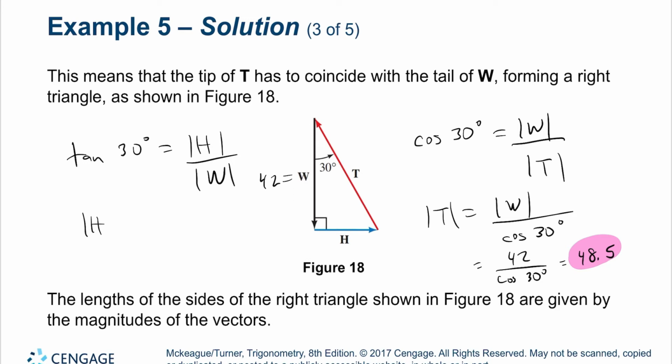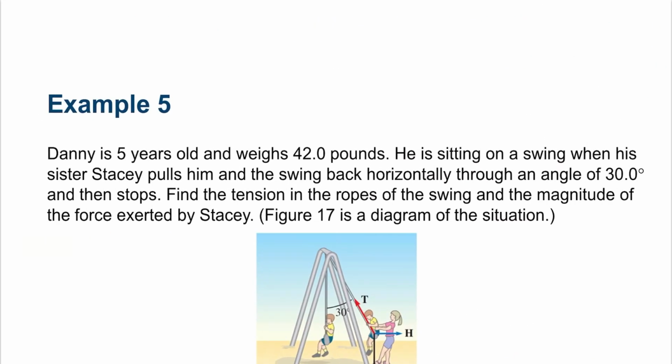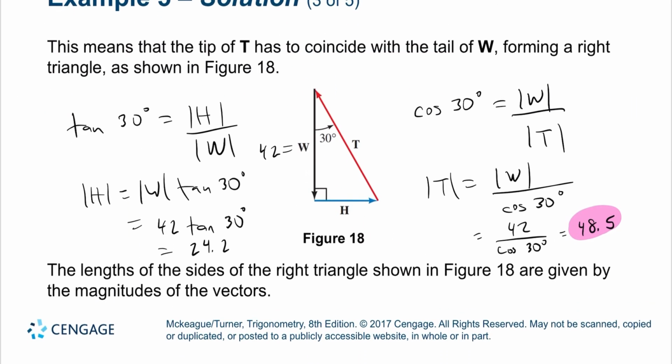And so the magnitude of vector h would be the magnitude of the weight times the tangent of 30. We know the magnitude of the weight is 42, times tangent of 30 will give us 24.2. All right, so that is the answer to that one, and this is all in pounds.